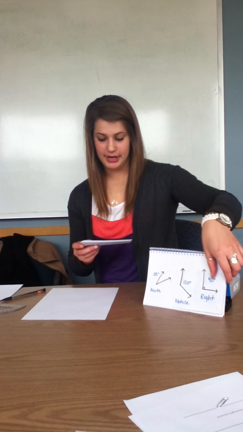All right, so now we're going to work as a group and practice estimating angles. I want you to take a look at this angle. Determine what type of angle it is and raise your hand when you have an educated guess. Yes, Anna, what do you think it is? I think it's an acute angle.